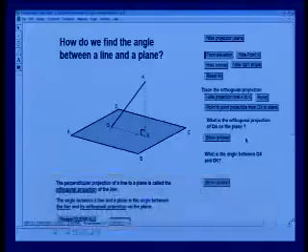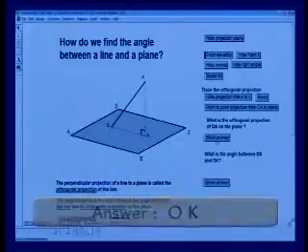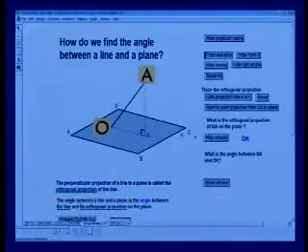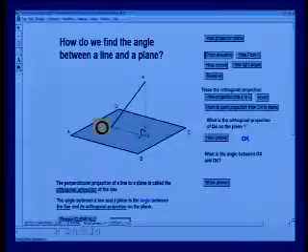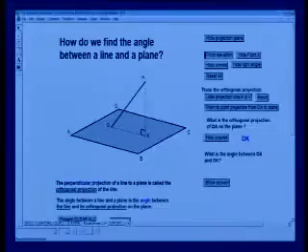What is the answer? The answer is OK. OA is projected on the plane, and the line is OK. So OK is the orthogonal projection of OA on the plane ABCD.